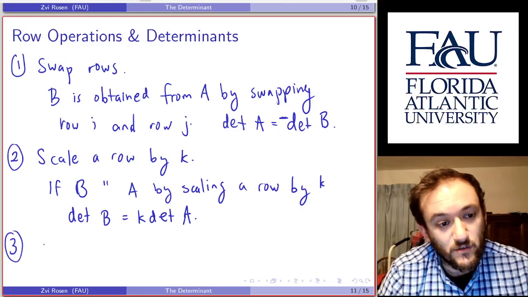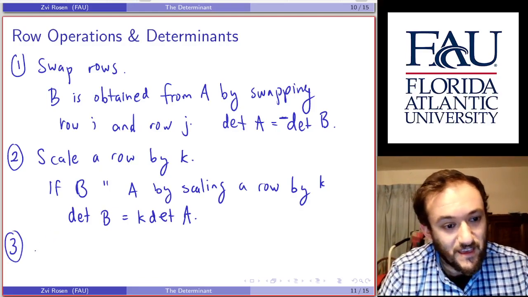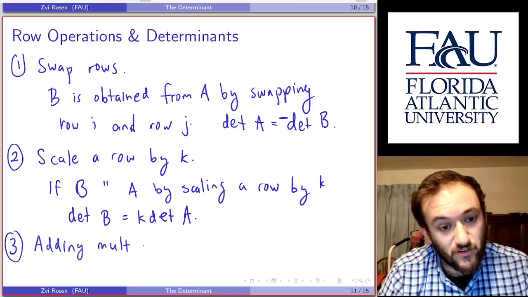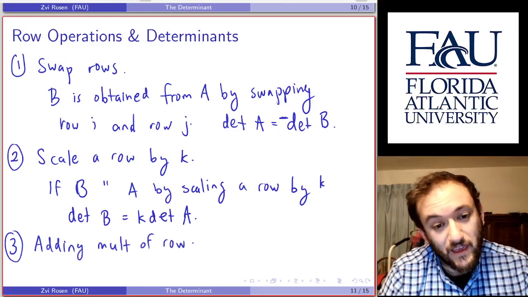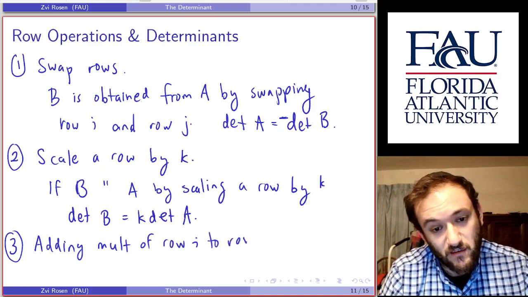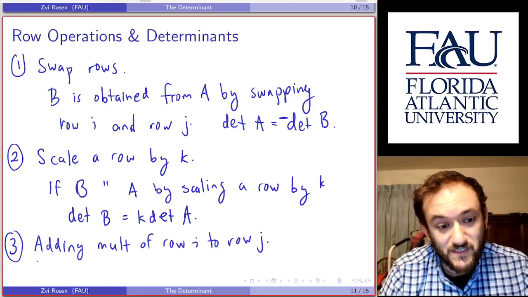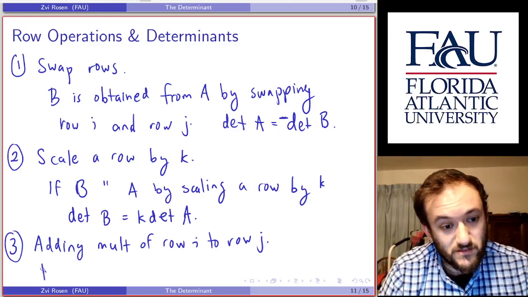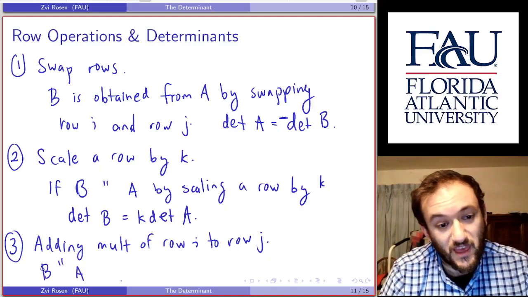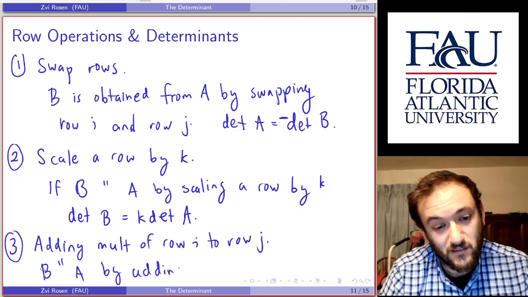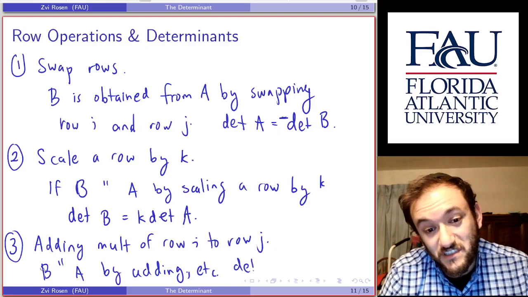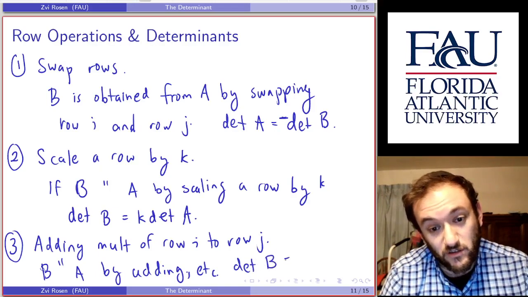And what's the third row operation? That's adding a multiple of row i to row j. If B is obtained from A by adding a multiple of row i to row j, then that actually doesn't change the determinant at all.